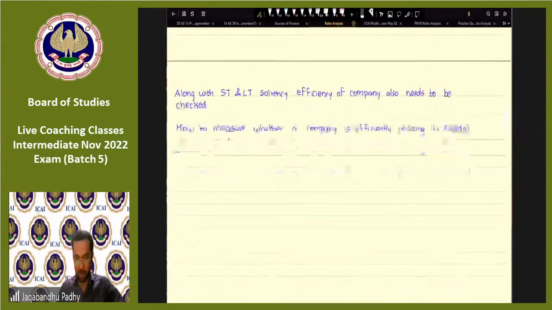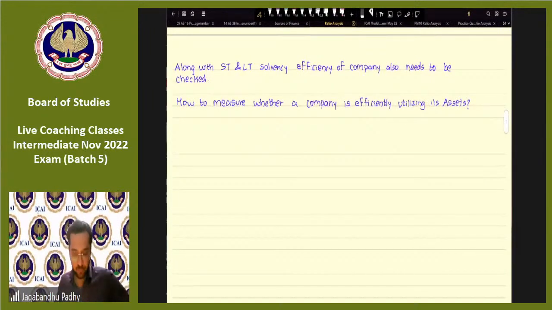Fine. Let's go for the next thing, which is along with short-term and long-term solvency, the efficiency of the company also needs to be checked. How to measure whether a company is actually efficiently utilizing its resources.